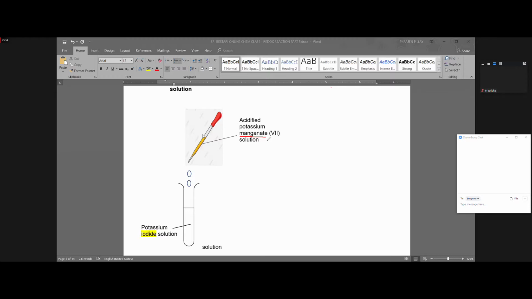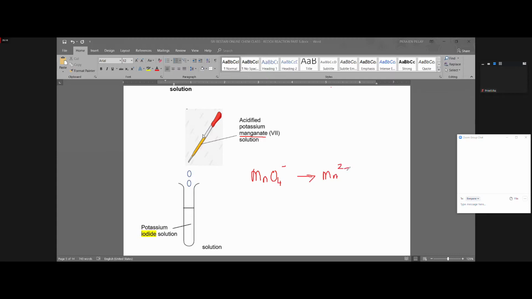See what happens, I told you the other day, MnO4 minus will become Mn2 plus. That is what is actually happening. The oxidizing agent is this one, MnO4 minus. So it becomes this, that's all.